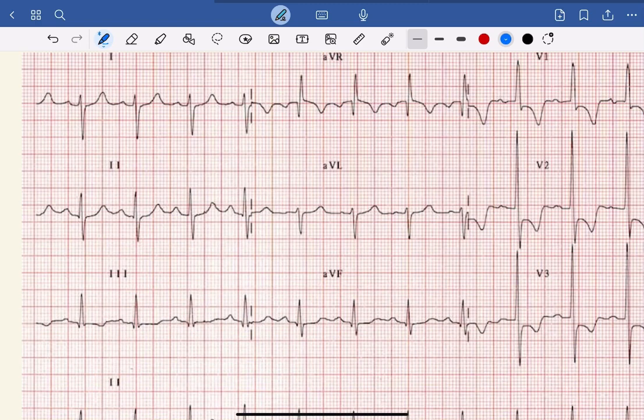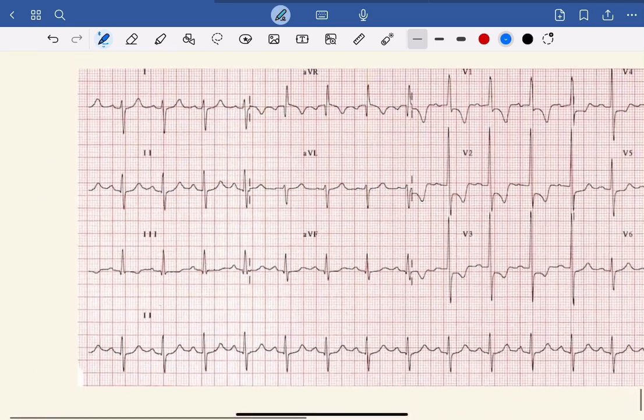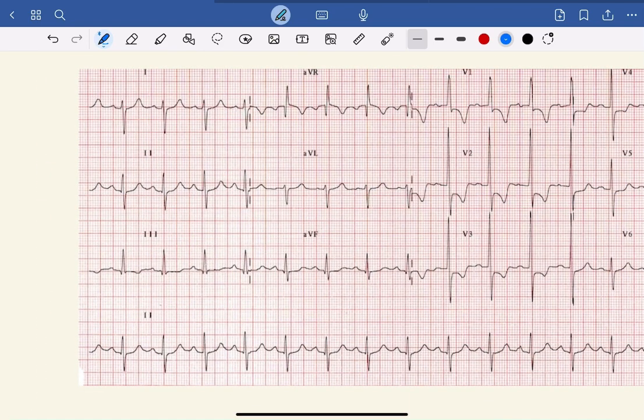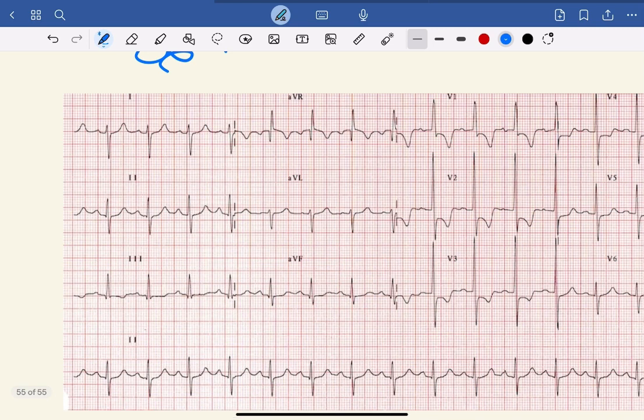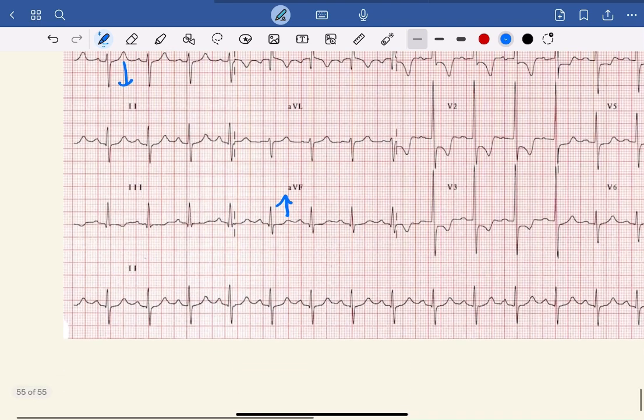And for axis determination, you have to see lead 1 and aVF. See, in lead 1 QRS is predominantly downward, and in lead aVF it is predominantly upward, so both are reaching each other. That means right axis deviation. After that you have to see waves.